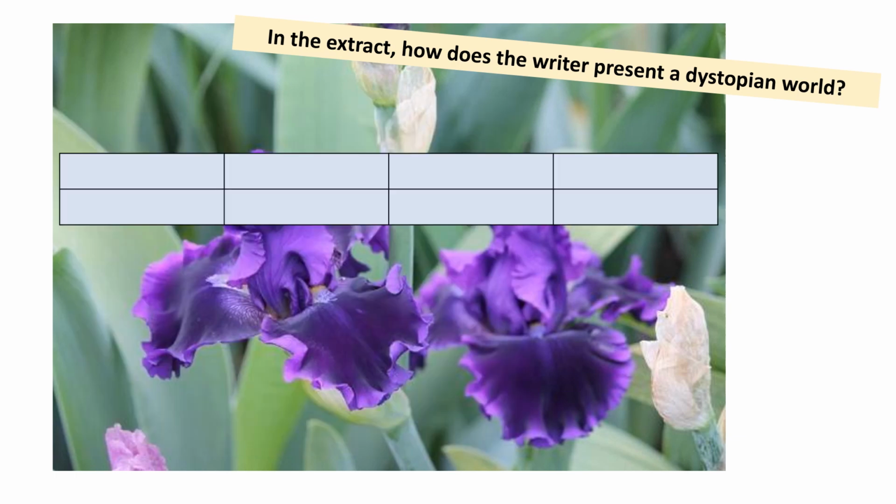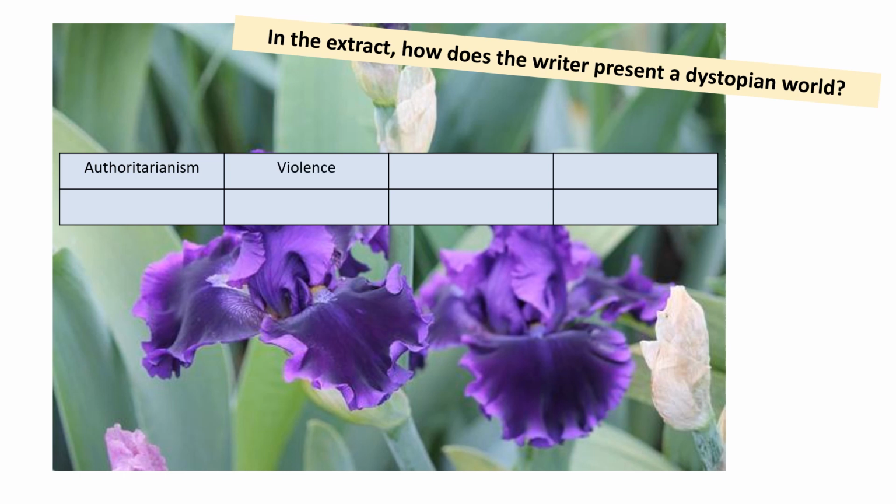First things first, let's just recap what we know about dystopia and dystopian worlds, given that that is the question. Well, we know that dystopias commonly have an authoritarian government. That means that a dystopian society is one with harsh rules and harsh punishments.